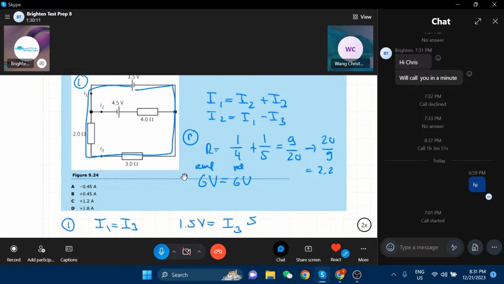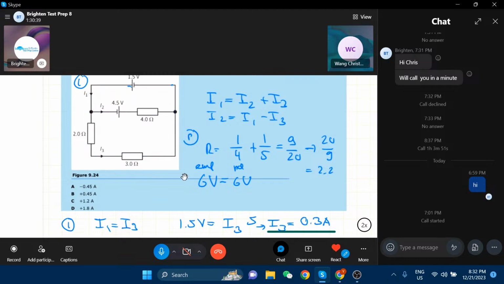So in other words, I3, like you said, would be 0.3 amps. Okay. So from that loop we can have the I3.